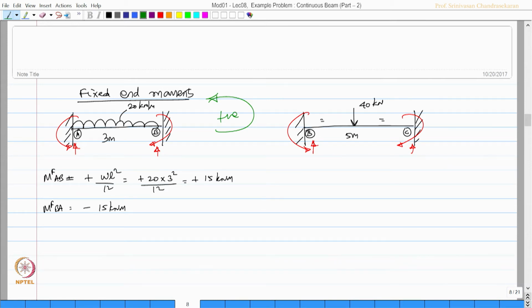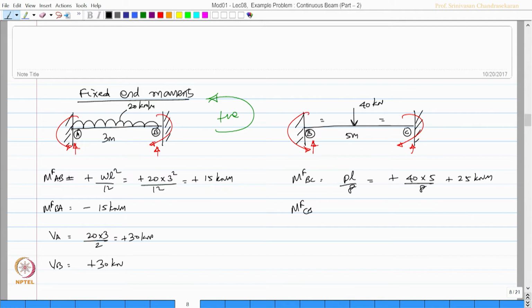I want to find the reactions. So, for the given problem, it is easy to know that VA will be 20 into 3 by 2, that is 30 kilonewton, which is upward positive. Similarly, VB is also positive. Let us go to span BC. MF BC will be PL by 8, which will be plus 40 into 5 by 8, which becomes plus 25 kilonewton meter.